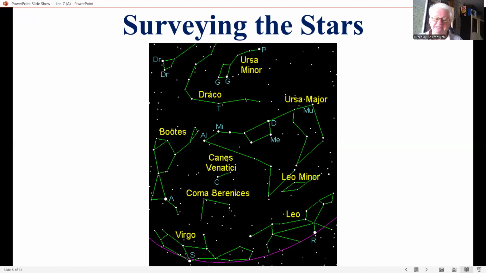Not many decades ago, surveying large numbers of stars was an exhausting task. But modern computers have changed that. Specially designed telescopes controlled by computers can make millions of observations per night.